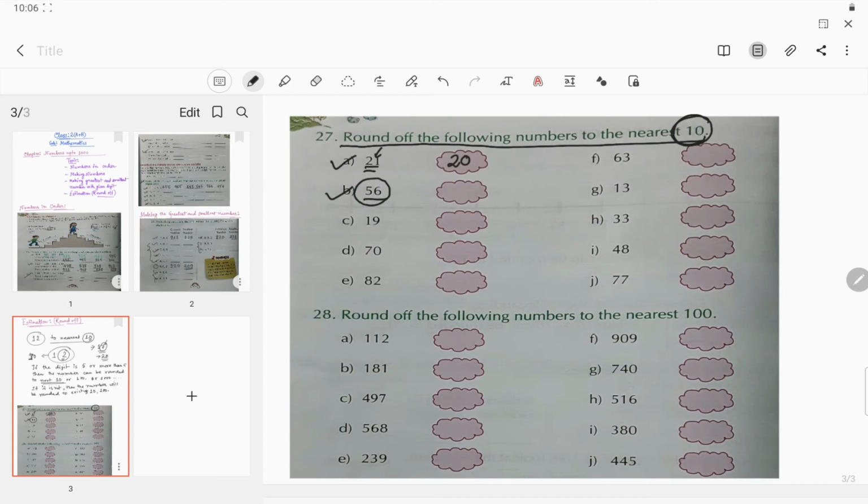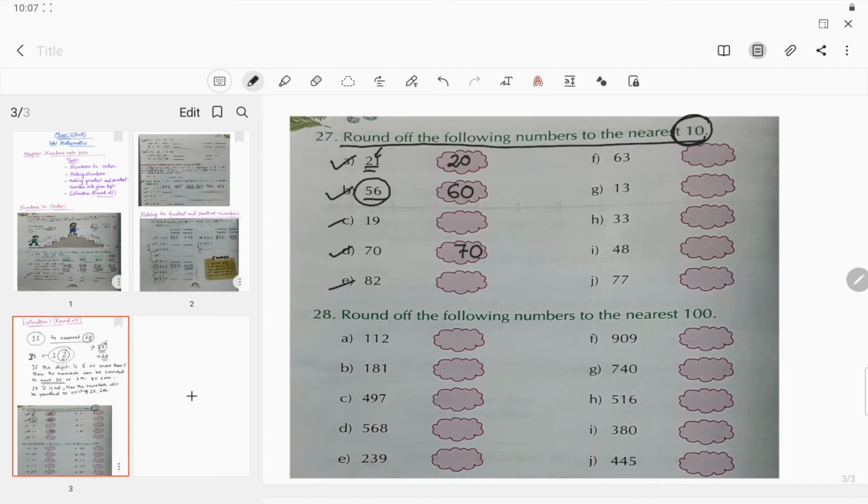Since 56 consists of 50, the next 10 is 60. So 56 will be rounded to 60. Right? Similarly, 70 is already rounded off, so it will be only 70.